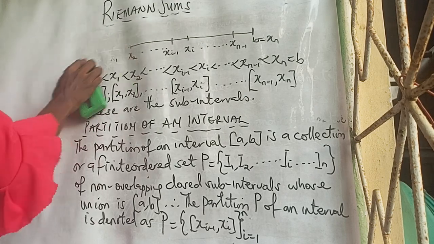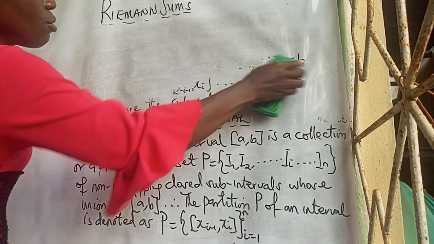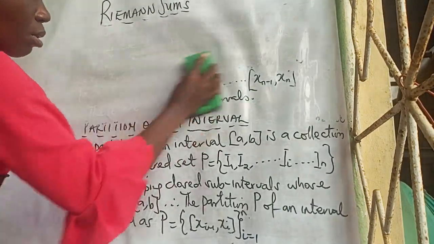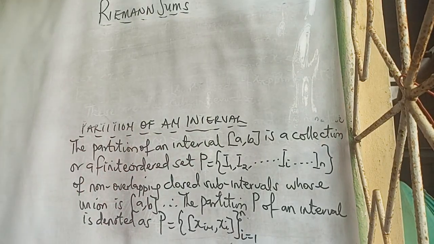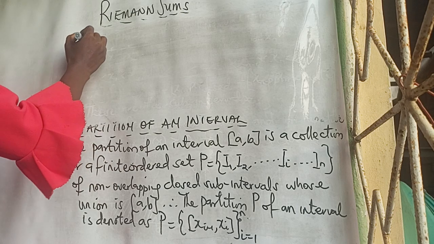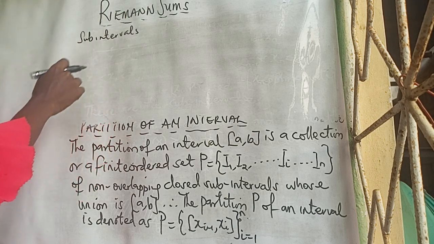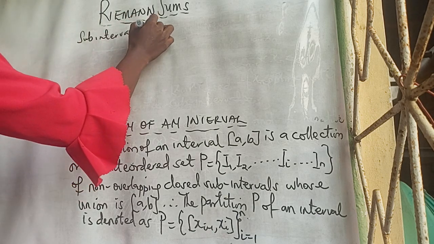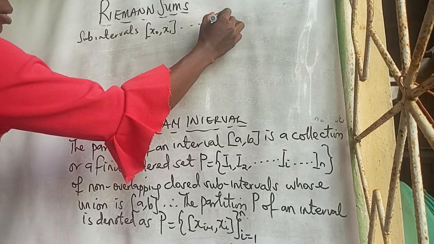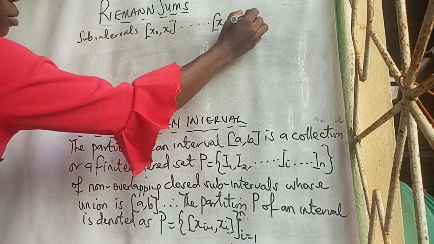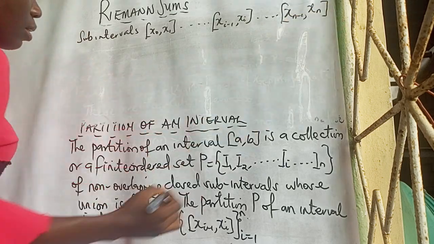What then? How do we get the width of these subintervals? Remember that we have said that our subintervals are x sub 0, x of 1, down to x of i minus 1, x of i, down to x of n minus 1, x of n.